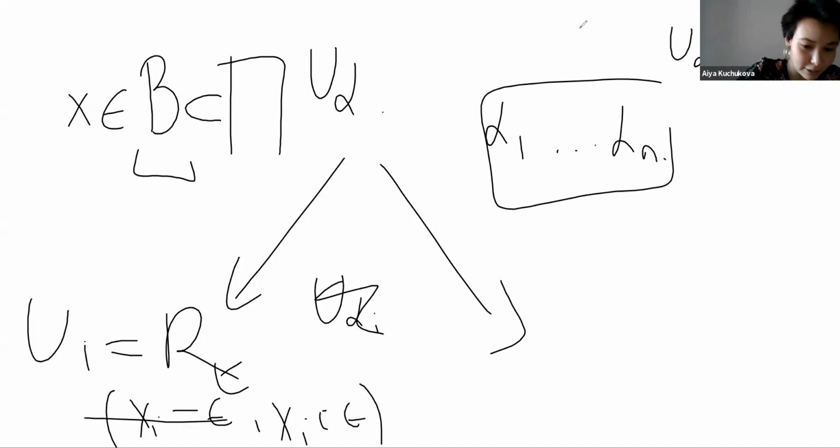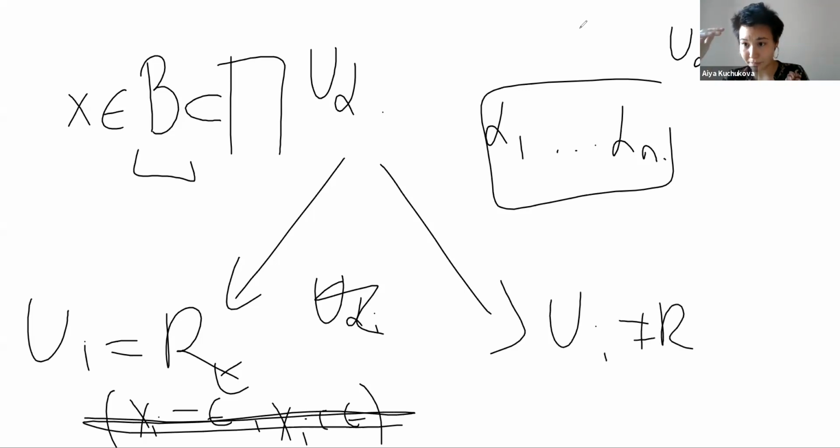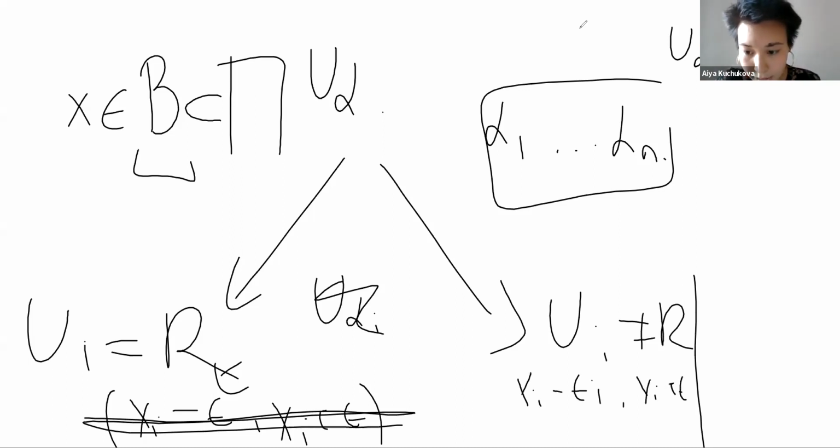But then there is also the possibility that U_i is not equal to R, but there are only finitely many of them. And that's great because we can always find some interval (x_i minus epsilon_i, x_i plus epsilon_i) which lies inside of that U_i, because we can just make epsilon really small, and we know that U_i is open.